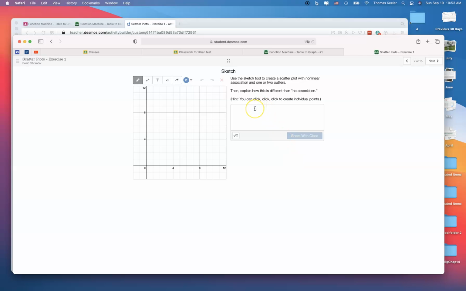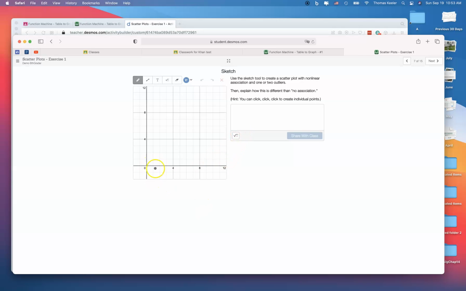Now we want to create a scatter plot with a non-linear association. Okay? This is a case, for example, of when you think about what the graph looks like of squaring x, so graphing y equals x squared.